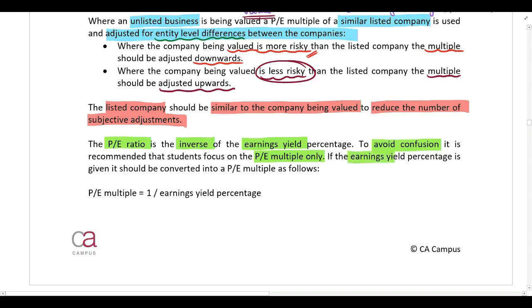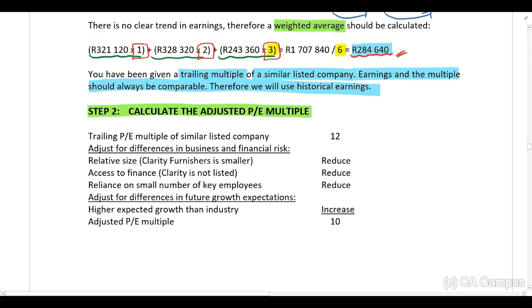If an earnings yield percentage is given, you should convert it into a PE multiple as follows. Just take 1, divide by the earnings yield percentage, and you'll get your PE multiple. But we work with PE multiples. We don't work with an earnings yield. Now let's go back to the example that we are currently looking at.